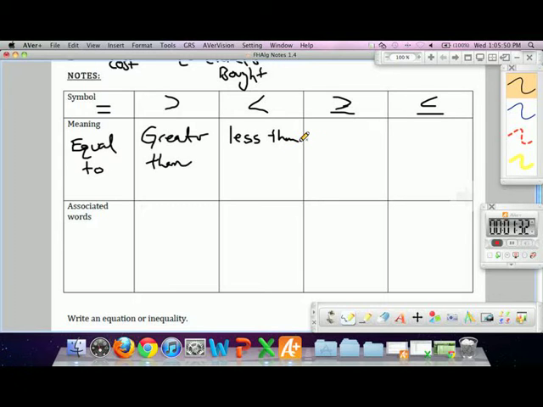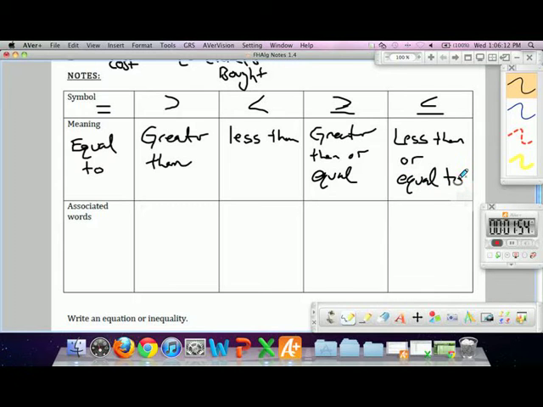So this will be greater than or equal. And the final one, that should be a less than or equal to. The bar underneath gives us the or equal to.